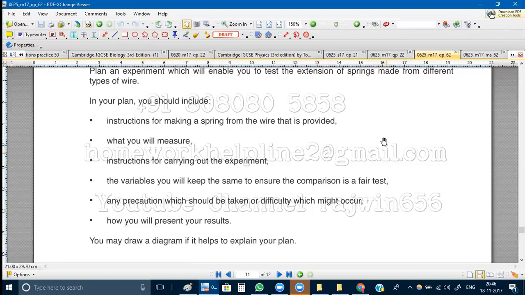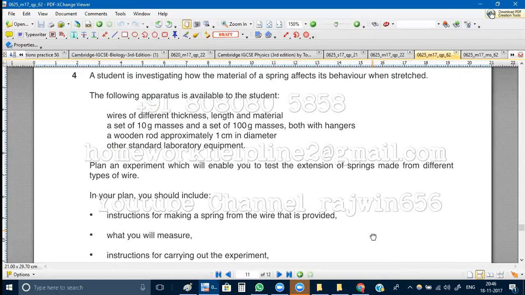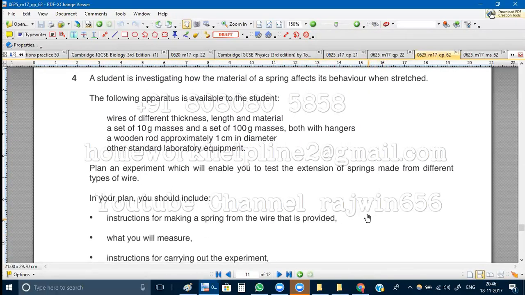I have already sent you this paper. Before I solve this question, carefully, all of you, I want you to go through this entire question, think about it on your own and suggest in what manner we are going to carry out this entire experiment. Just go through the whole question.